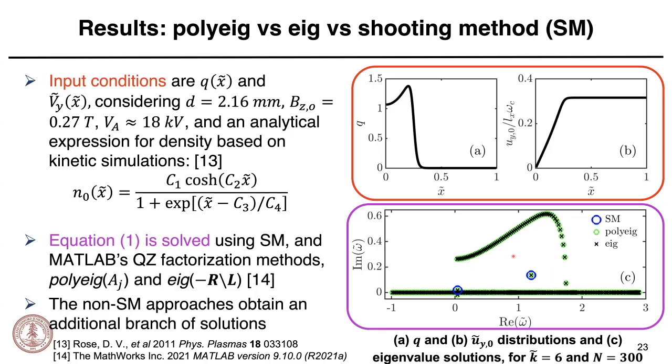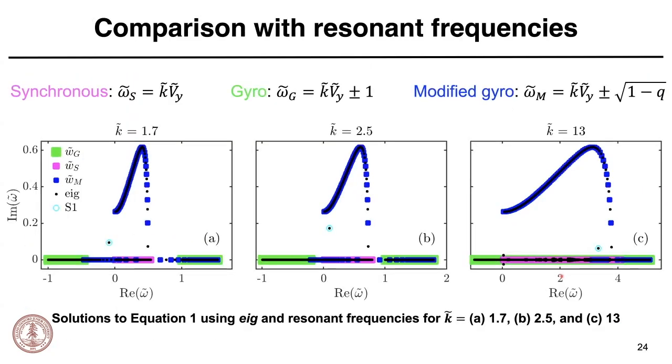And so what we're going to focus on is to try to understand, first confirm that these solutions, at least some of them, are connected to shear flow instability. And the ones that are not, what do they mean physically, and why did the shooting method not get them? So as you see, there's this branch of solutions here that the shooting method did not get.